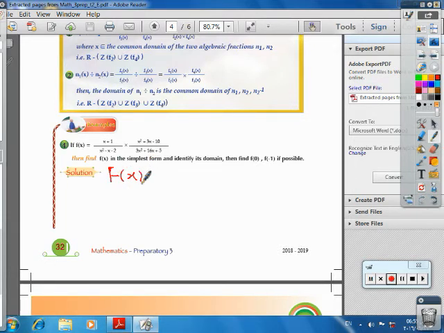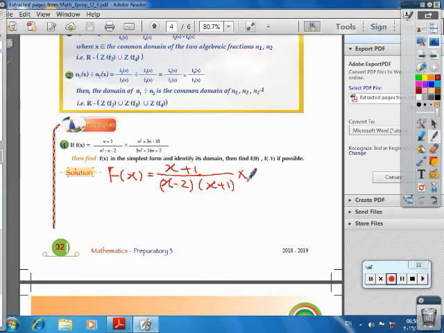First, x equals (x plus 1) over (x minus 2)(x plus 1). Why? We factorize it.